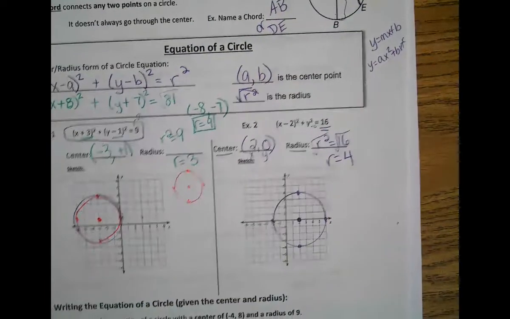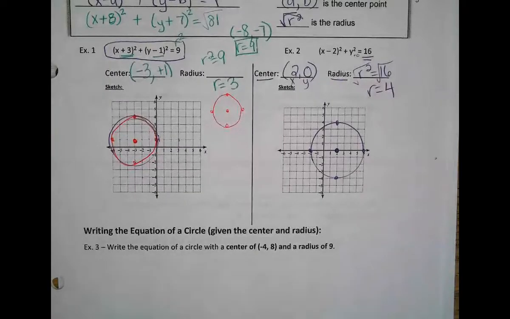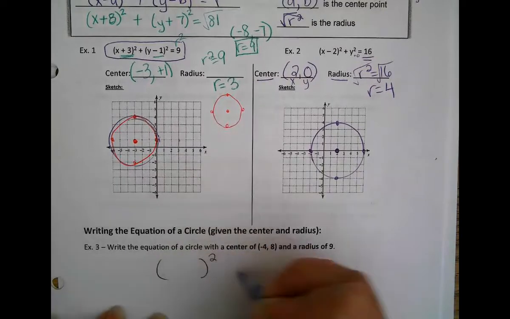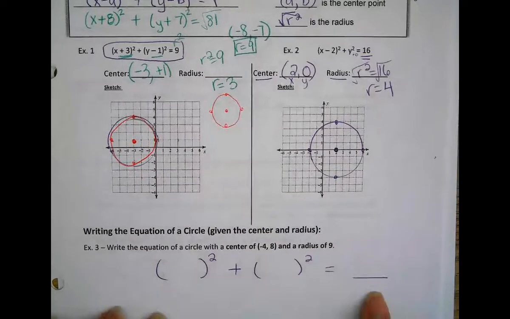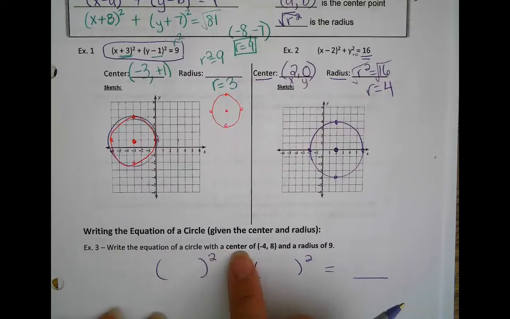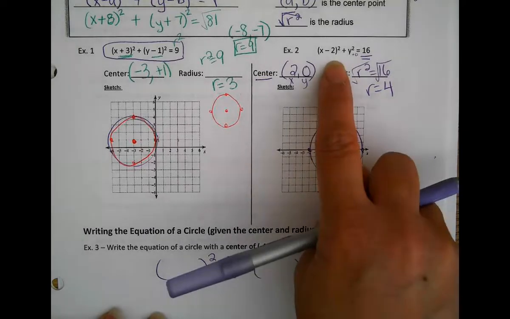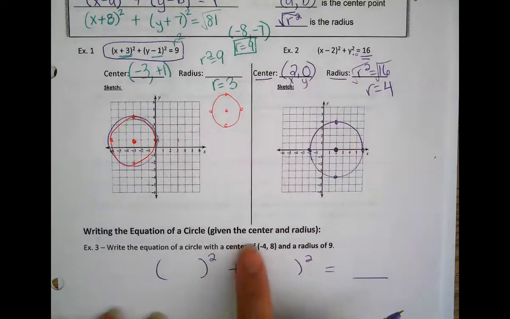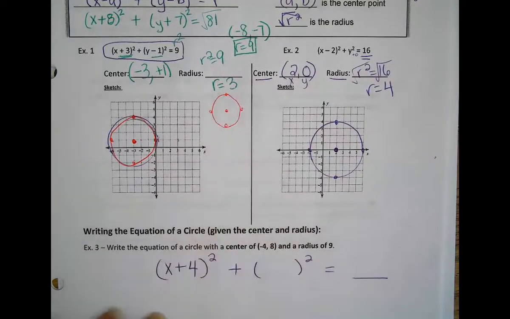Okay. We're going to reverse that process and try to write an equation. So for number 3, writing the equation of a circle given the center and radius. We have a set of parentheses squared plus a set of parentheses squared equals the right-hand side of our equation. It says write the equation of a circle whose center is (negative 4, 8). Well, if it's a negative inside, it was a positive outside. So if my center is negative 4, inside is going to be x plus 4.